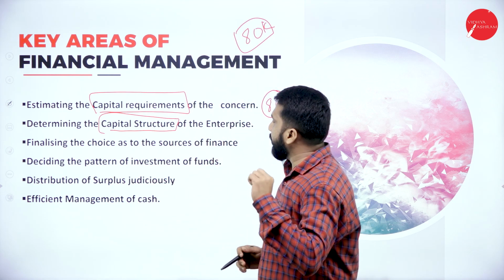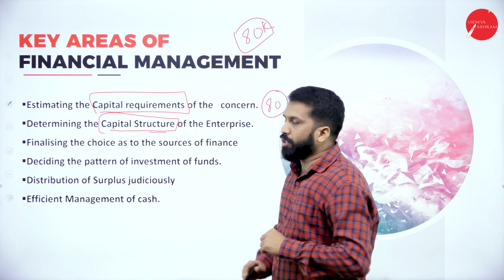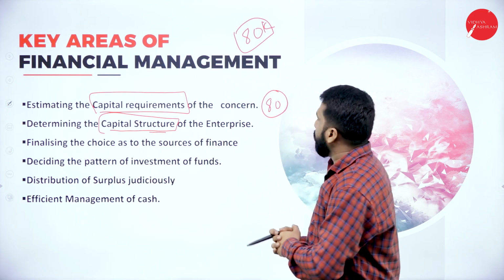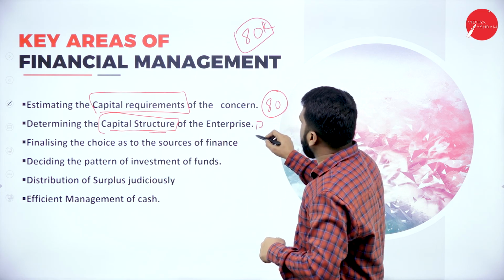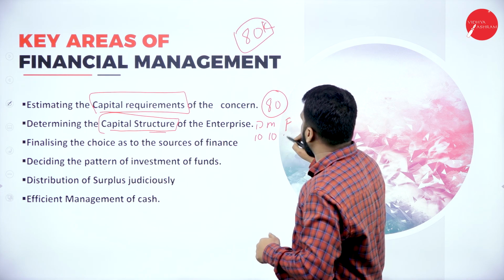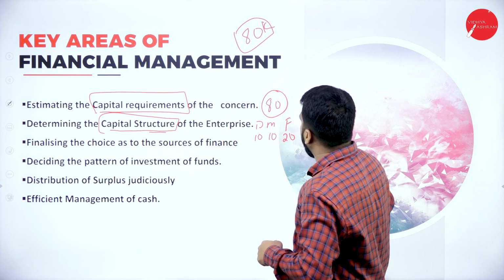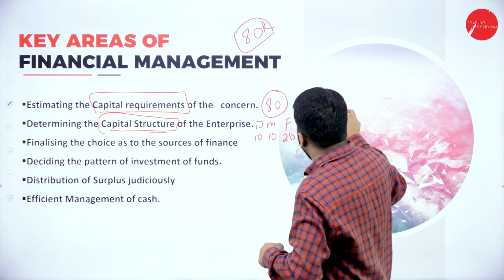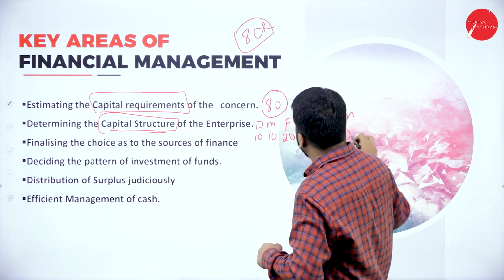Second, capital structure. You have to find how you can buy this. You can assume your dad will give you 10,000, your mom 10,000, your friends 20,000, your relatives around 20,000, and your own money is 10,000.